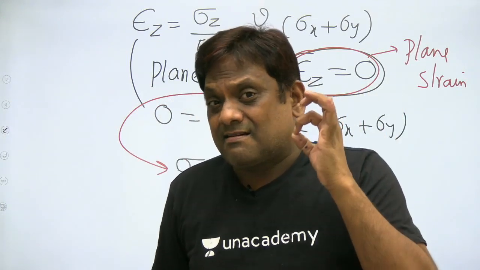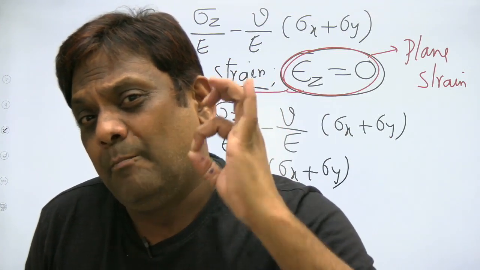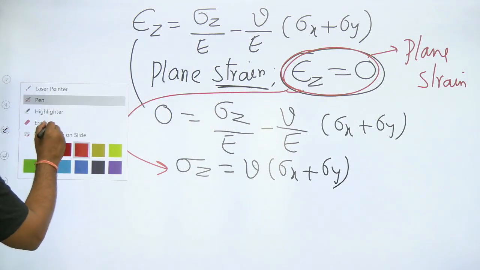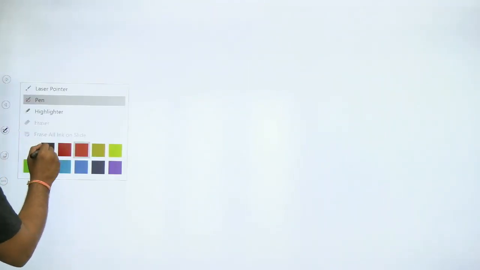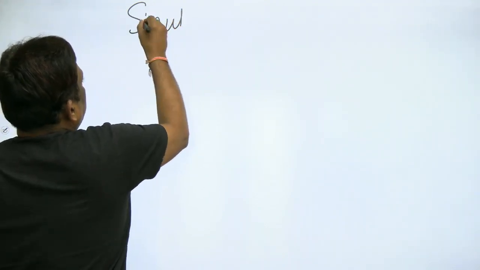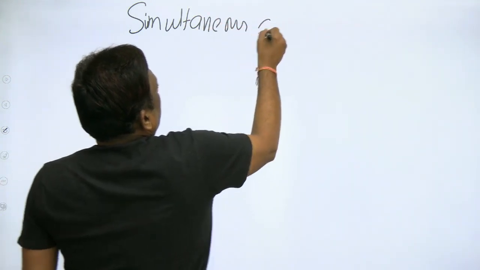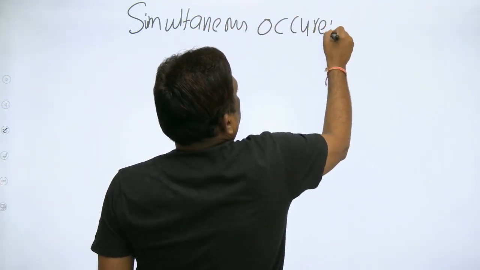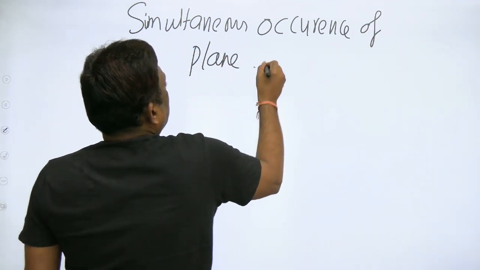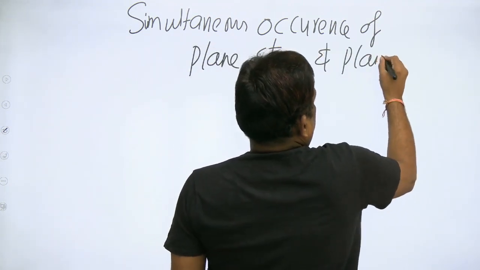Now let us see the conditions for simultaneous occurrence of plane stress and plane strain. Let me give some golden points. I write: simultaneous occurrence of plane stress and plane strain.